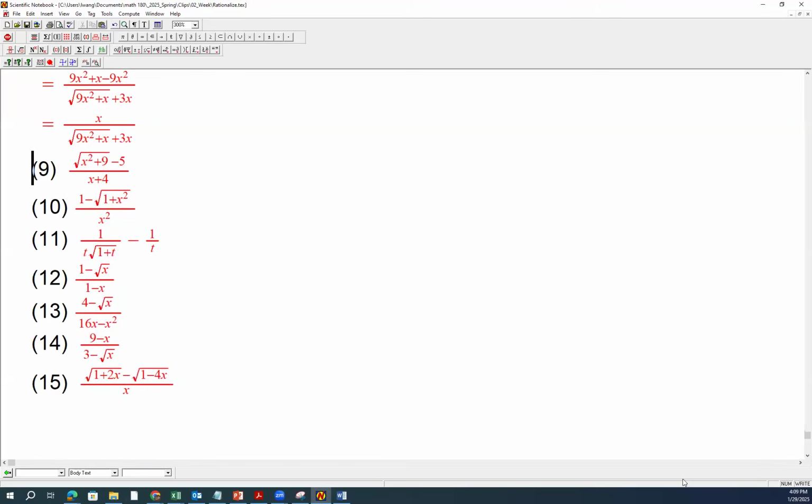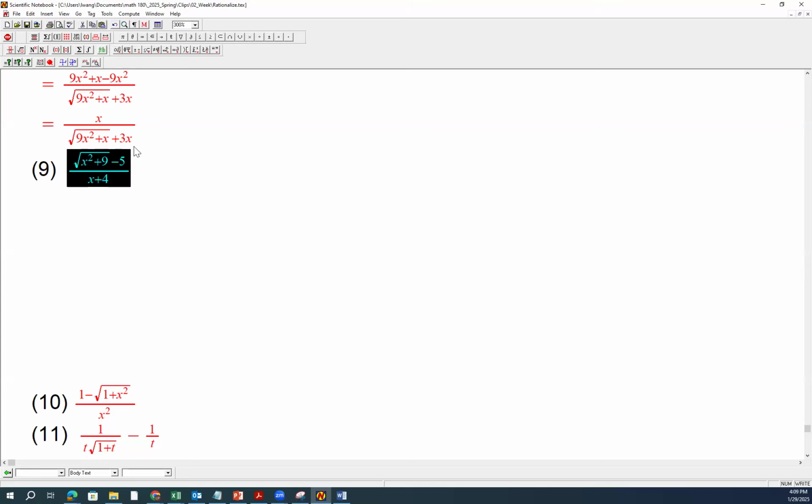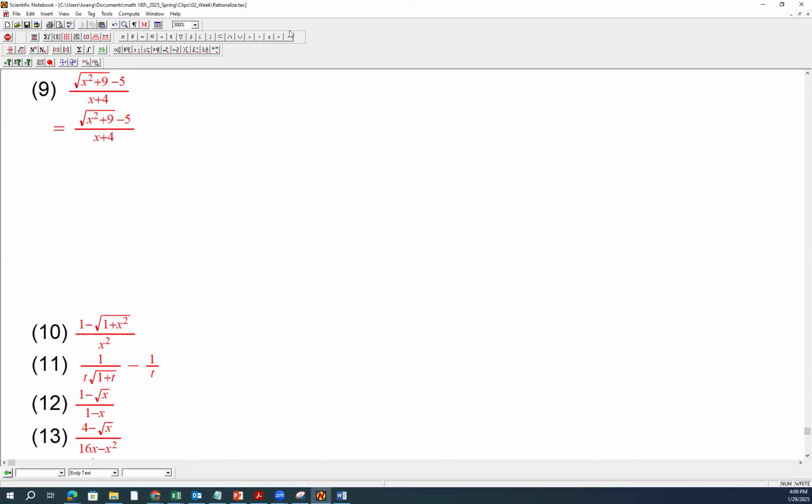Number 9. Okay. Multiply by 1. By this time, we are pretty familiar with the steps, but we still need to be able to practice with our algebra, right? So we gain familiarity with all these different arrangements.